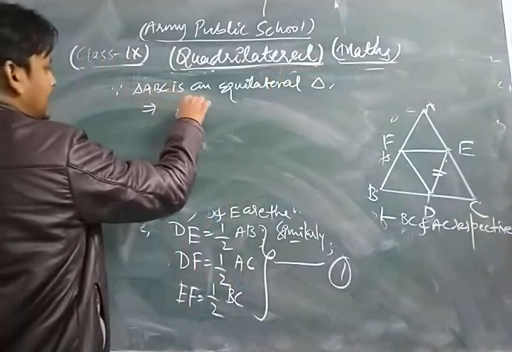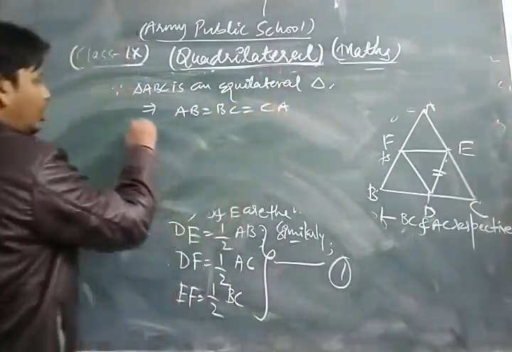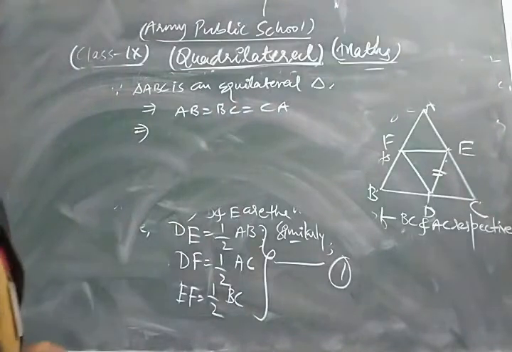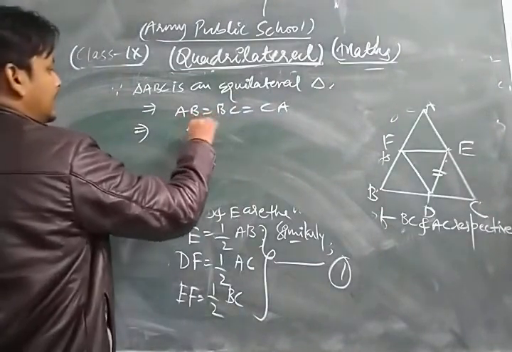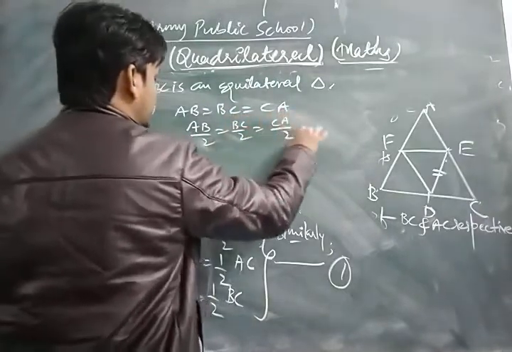This implies that AB is equal to BC is equal to CA, and dividing both sides by 2, we can write AB by 2 is equal to BC by 2 is equal to CA by 2.